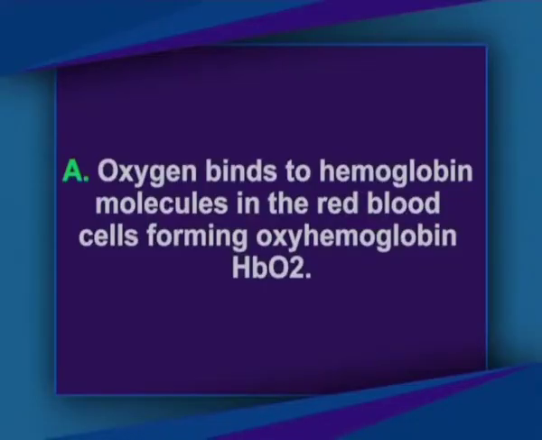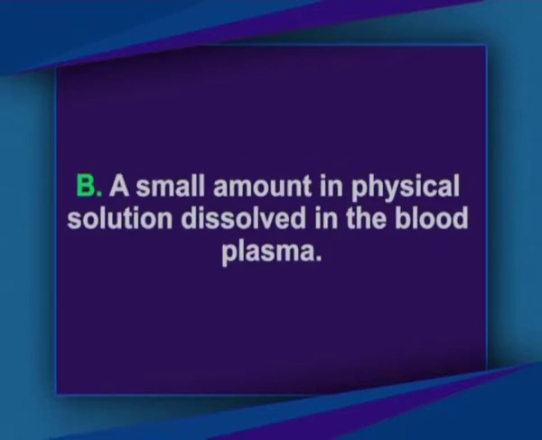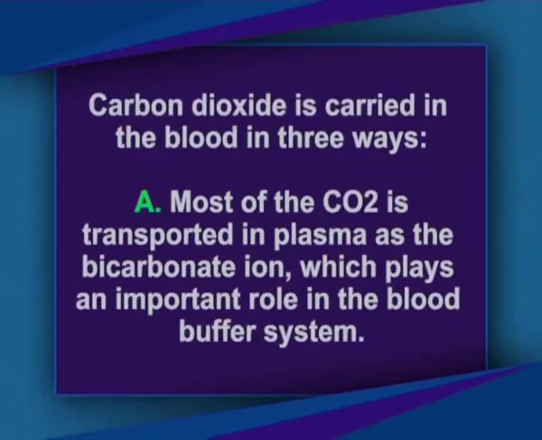Respiratory gas transport. Oxygen is carried in the blood in two ways. A. Oxygen binds to hemoglobin molecules in the red blood cells, forming oxyhemoglobin. B. A small amount in physical solution, dissolved in the blood plasma. Carbon dioxide is carried in the blood in three ways.